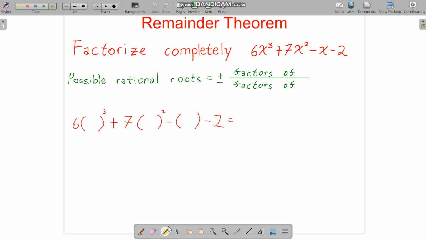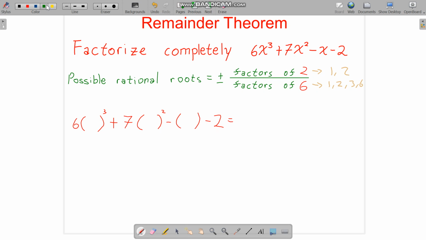Let's try this question. Factorize completely. We start by finding the possible rational roots. Factors of 2 can be 1 or 2. Factors of 6 can be 1, 2, 3, 6.